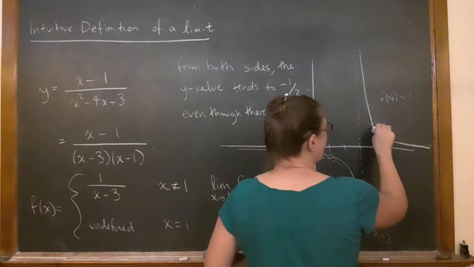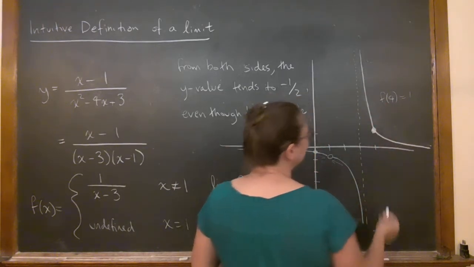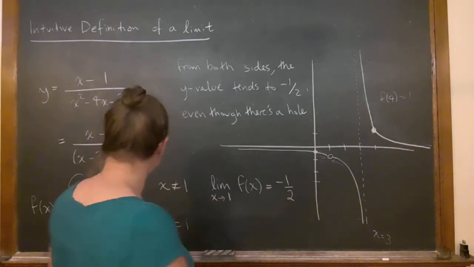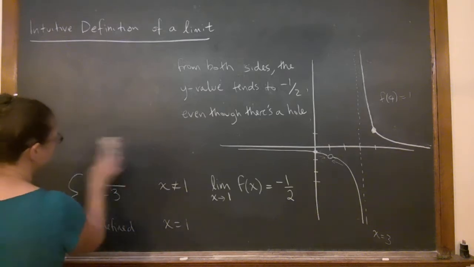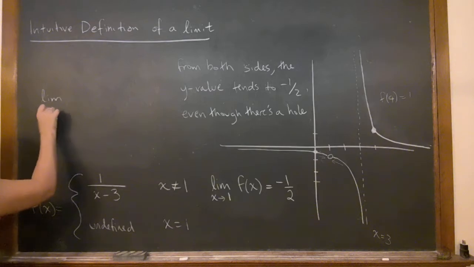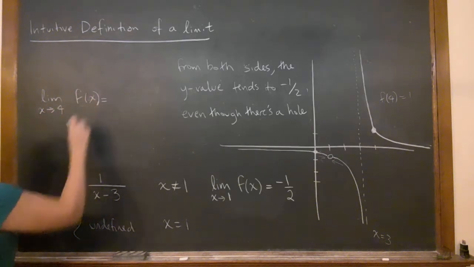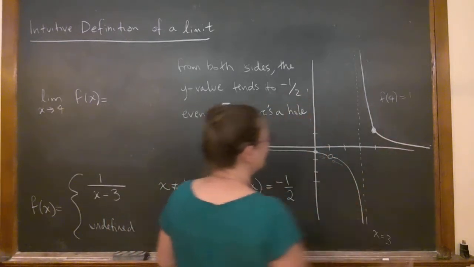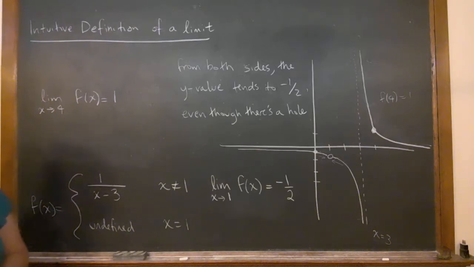I can talk about how the function is moving. That point actually is defined there as a nice continuous function. Limit as x goes to 4 of f of x. If I look at the graph, in both ways, it's going to that point. So we would put limit of f of x equals 1.